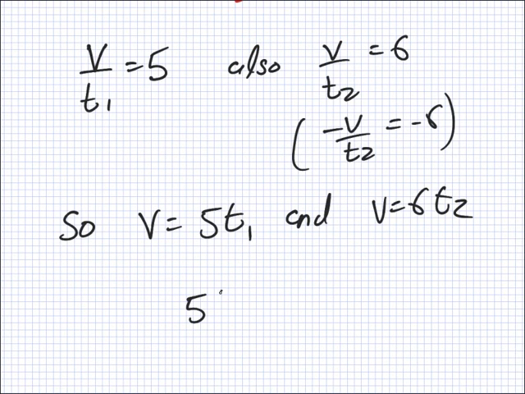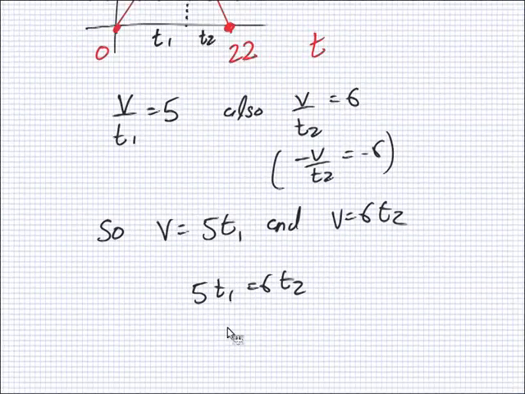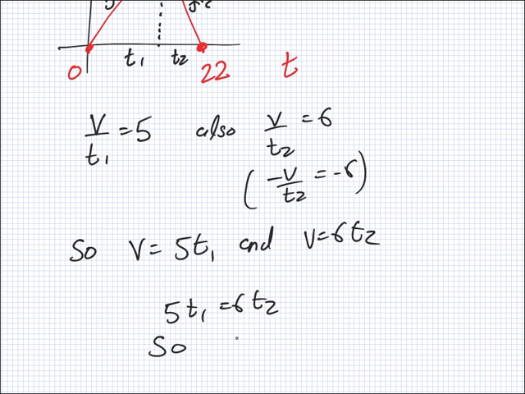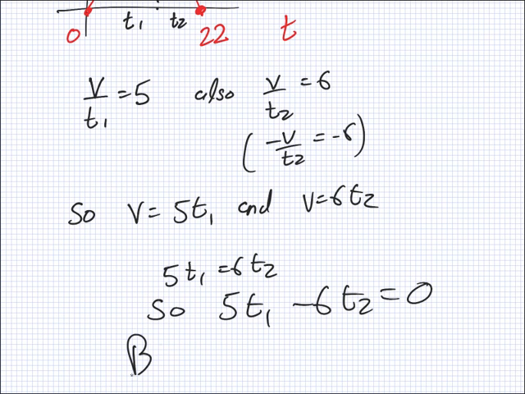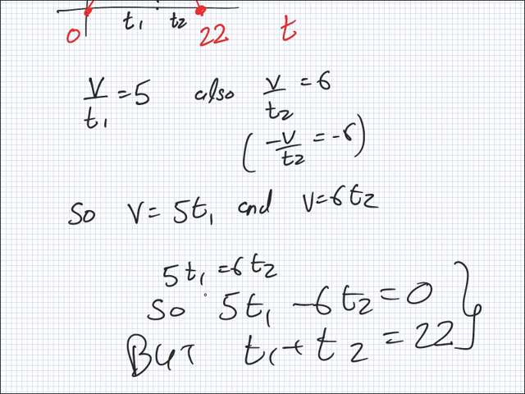So you can say 5T1 should equal 6T2. So 5T1 minus 6T2 equals 0. But T1 plus T2 should equal 22. So now you can find T1 and T2.